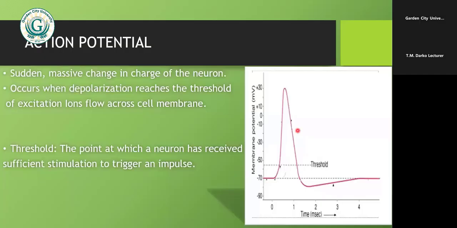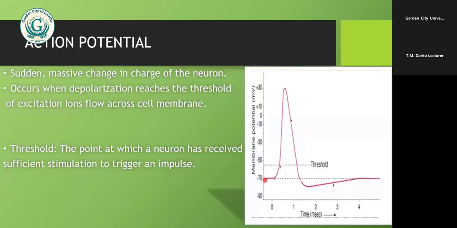Now, as we change the membrane potential from negativity to positivity, you then try to generate what you call action potential. Does it make sense? Yes, sir. Exactly. Good.